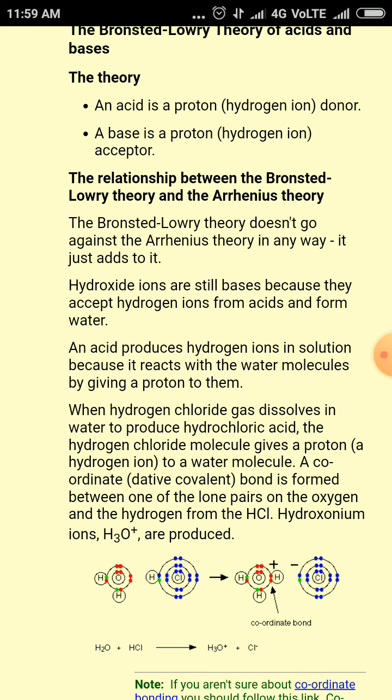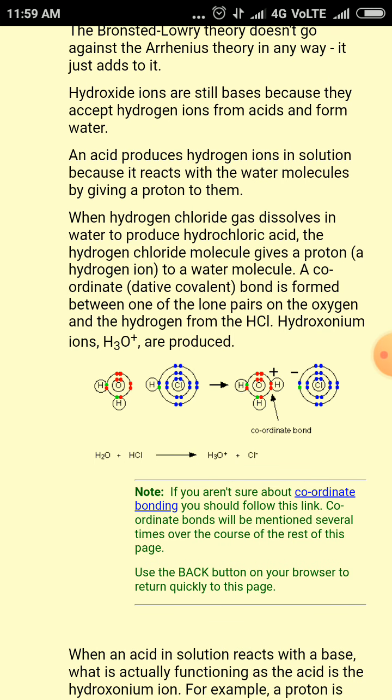When hydrogen chloride gas is dissolved in water to produce hydrochloric acid, the hydrogen chloride molecules give a proton to a water molecule. A coordinate bond is formed between one of the lone pairs on the oxygen and hydrogen from the hydrogen chloride. Hydroxonium ions, H3O+, are produced. You can see the reactions.